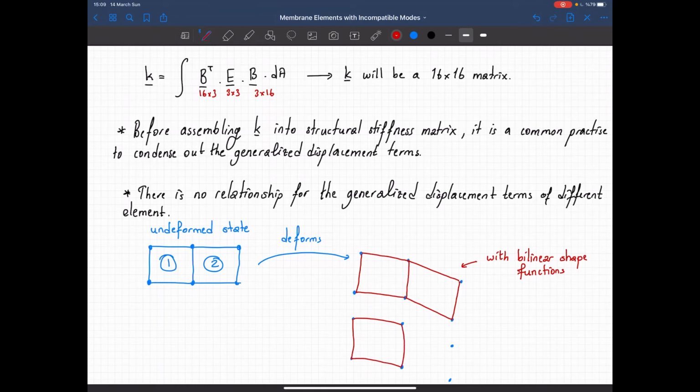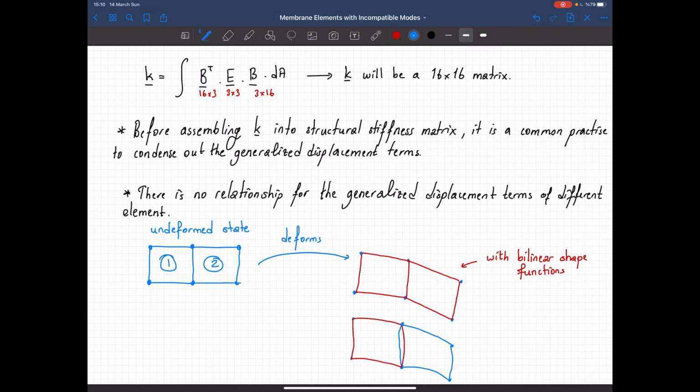This could be the deformed shape of the first member. But since the generalized displacement terms of the first element and the second element are not linked, I may see some overlaps or gaps between the elements due to having different unlinked displacement field definitions.